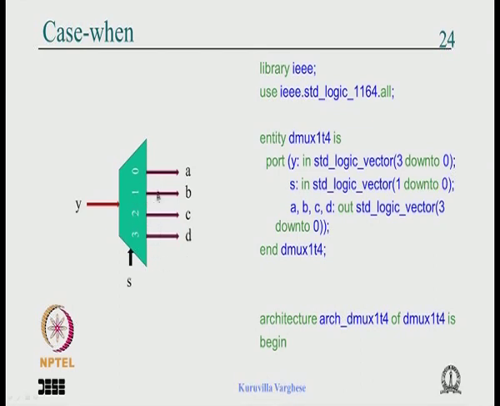This is a sequential syntax, so you have to use a process, and the inputs should be in the sensitivity list, so Y and S have to be in the sensitivity list. Then we are going to use the select line, and for all the values of the select line we are going to specify the output. That is the most natural thing for a multiplexer or a demultiplexer, a natural way of describing the behavior.